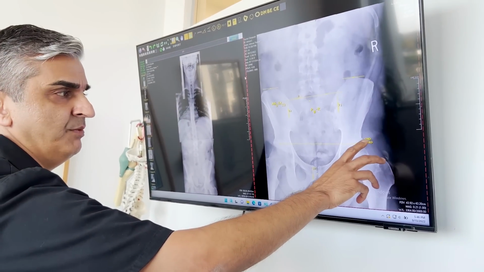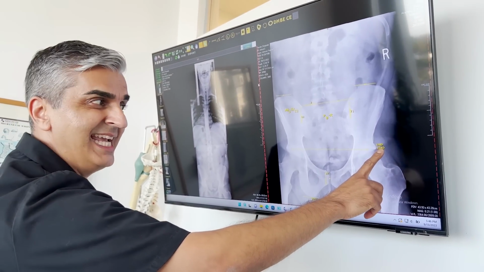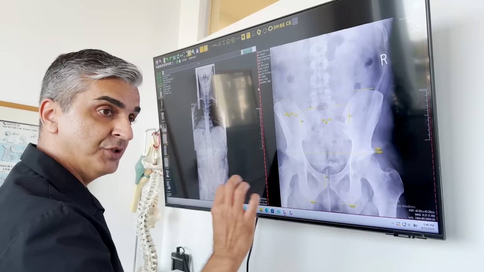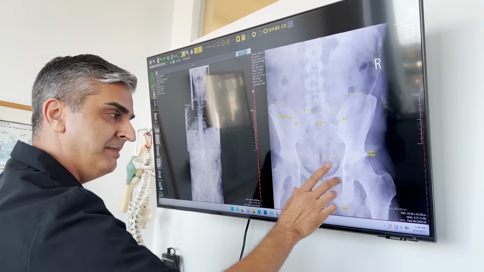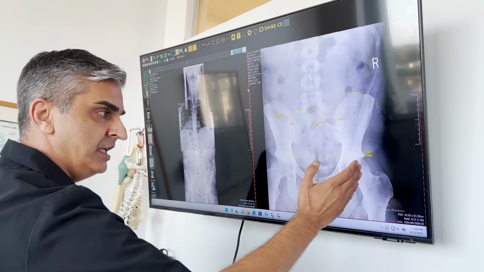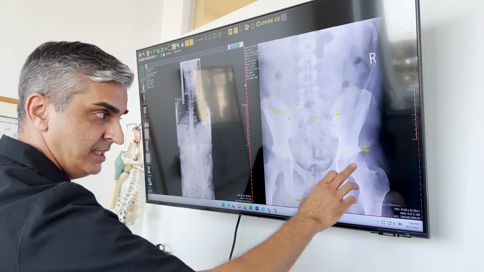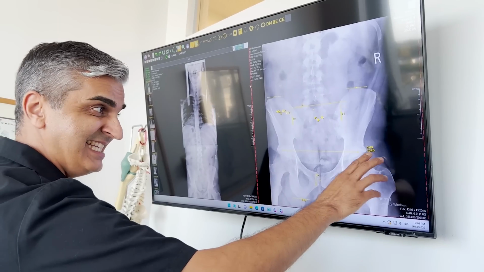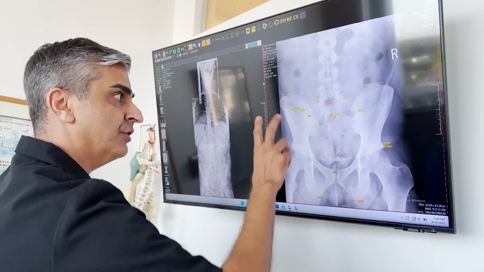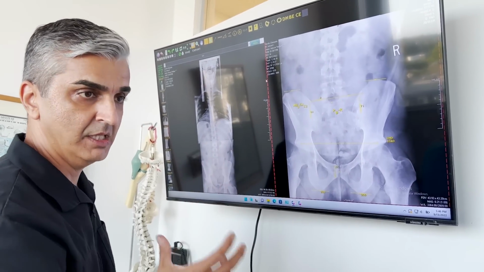Somebody had asked me, what's the difference between the MD and the AD? MD is the measured difference between the left and right side. So the MD means that the right leg, in this case, is 6 millimeters lower than the left leg. The AD is the actual difference after correction of a pelvic misalignment.